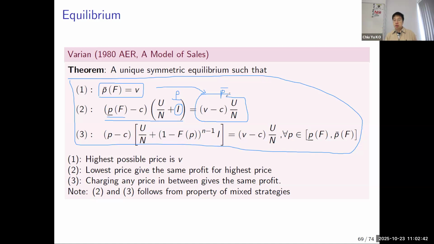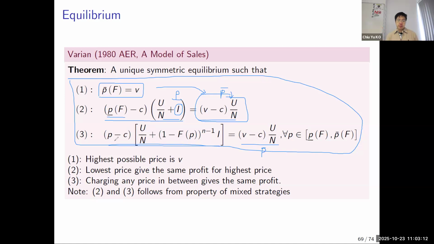So this is the payoff from the lowest price, this is the payoff from the highest price. Remember the idea we said: in a mixed strategy, if you mix over things, you must be indifferent between them. This is the same for any price between the lowest and the highest.